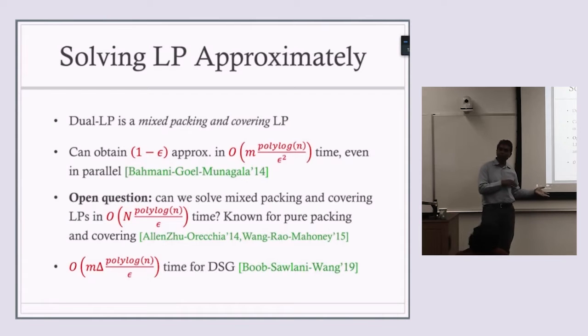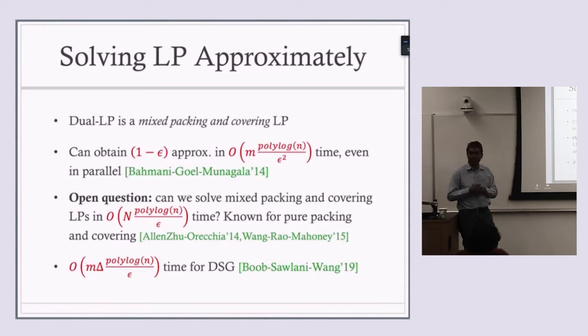Well, the primal LP is not very good. It doesn't have as nice a structure. The dual LP, because it looks like a flow network, is a special case of what's called a mixed packing and covering LP. People have been studying fast approximate algorithms for these LPs for a while. There are many applications and many interesting connections. Using existing methods, you can get a 1 minus epsilon approximation to the dual in essentially near linear time, but the dependence on epsilon is 1 over epsilon squared.